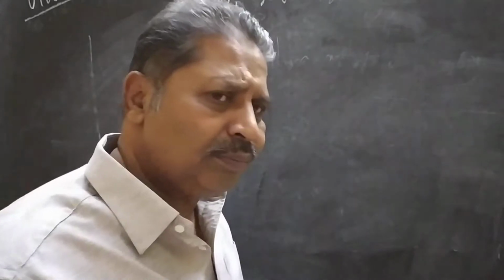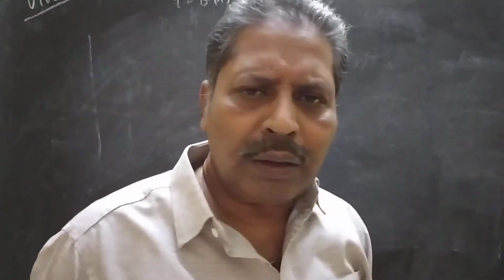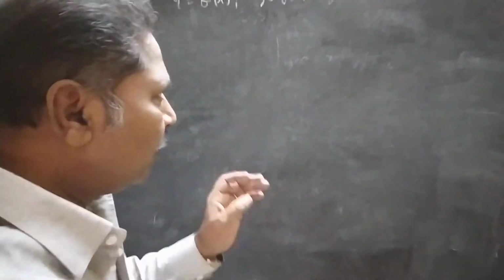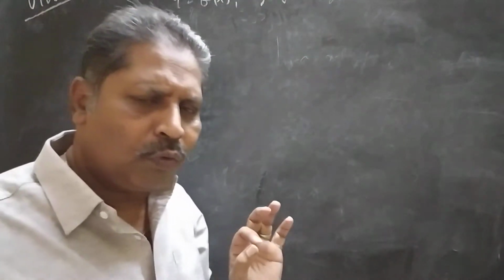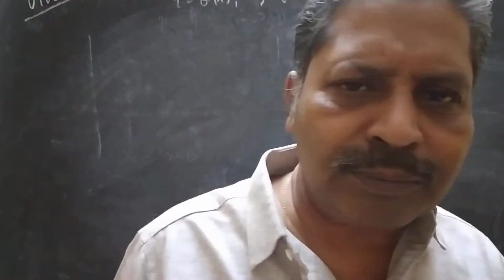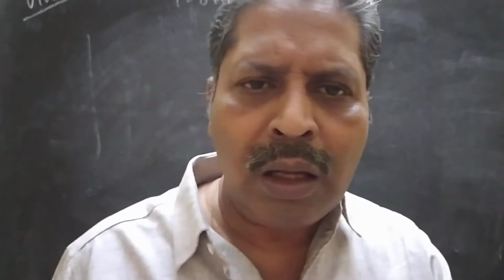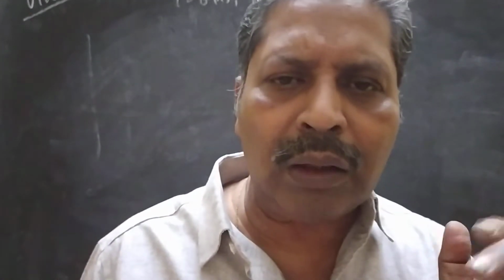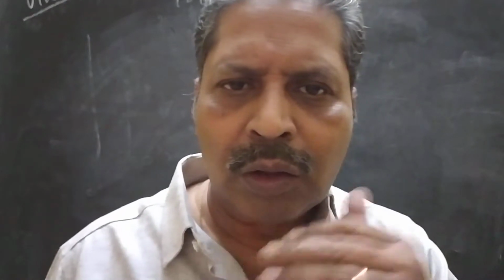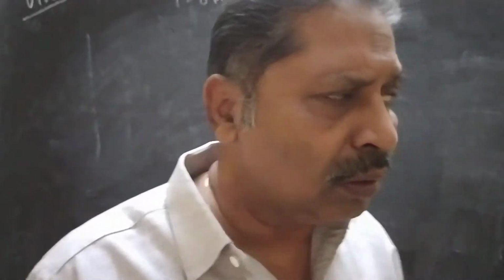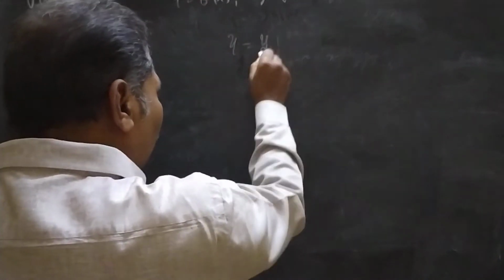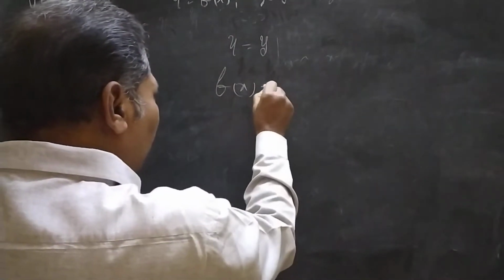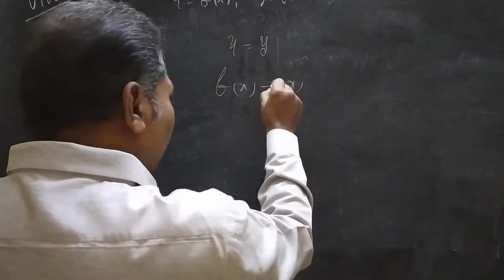Find the area of the region between y equal f of x and y equal g of x. First we calculate the limits. How to calculate the limits? Solve the two equations: y equal to y, f of x equal to g of x.